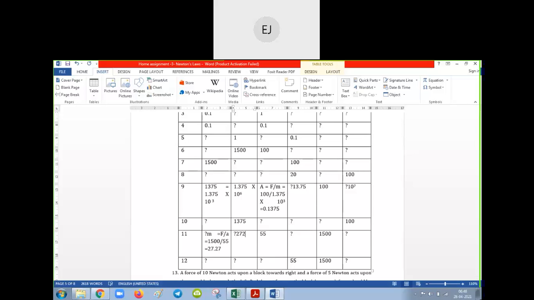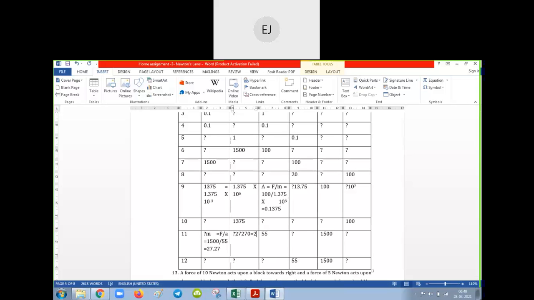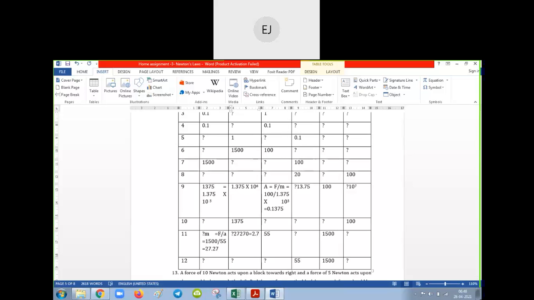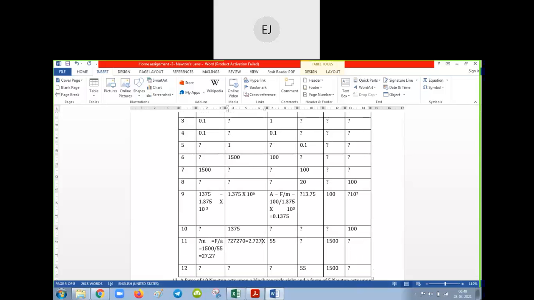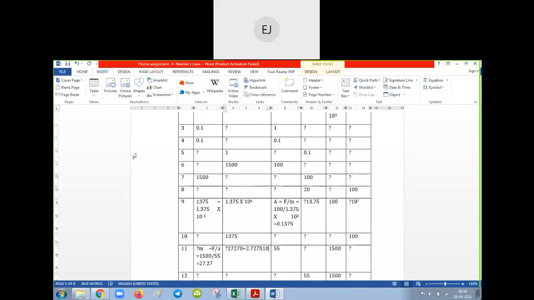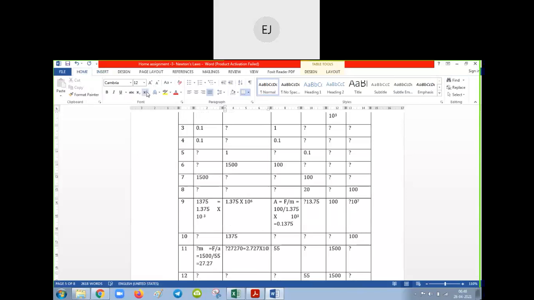So 27270 is the answer. Or in standard form, if you write it, 2.727 into 10 power 4.